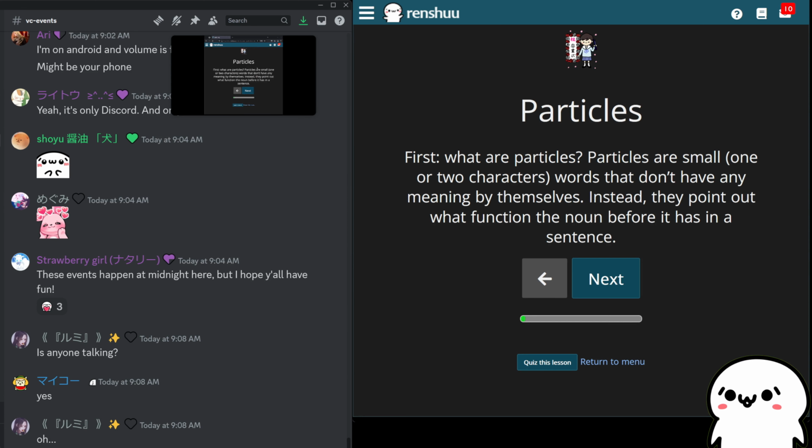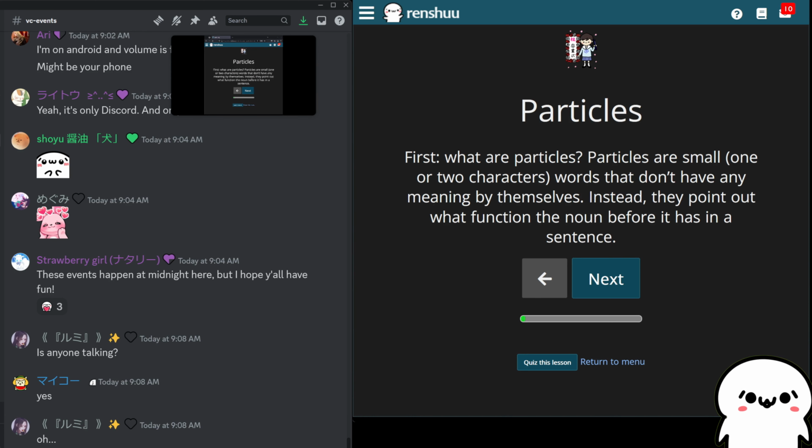And so the first thing I want you to understand is that most of the time, not always, particles don't have a meaning themselves, where you can point at that particle and say, this means this word in English, or this means these words.